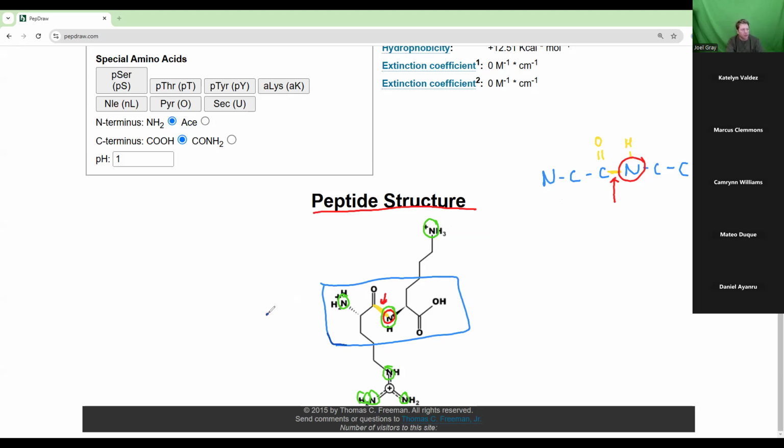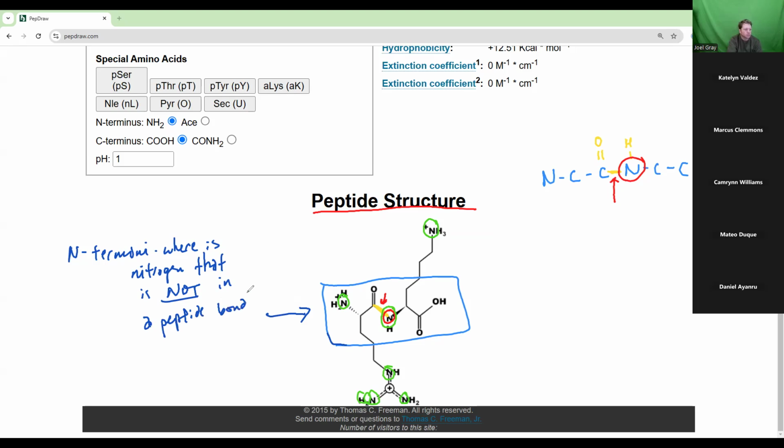Now, whenever I look at these nitrogens that are inside my backbone box, to identify the N termini I want you to ask, where is the nitrogen that is not in a peptide bond? If you can answer that question.